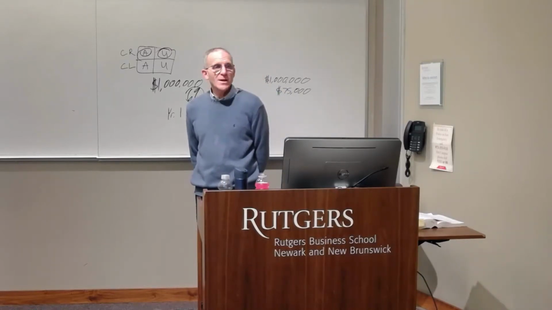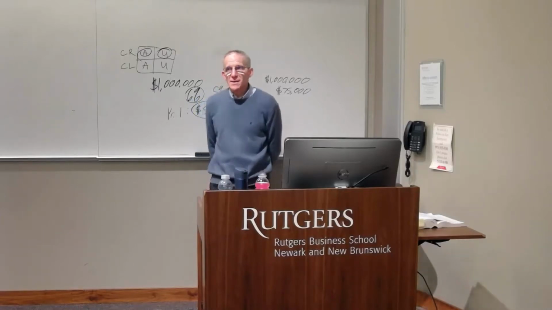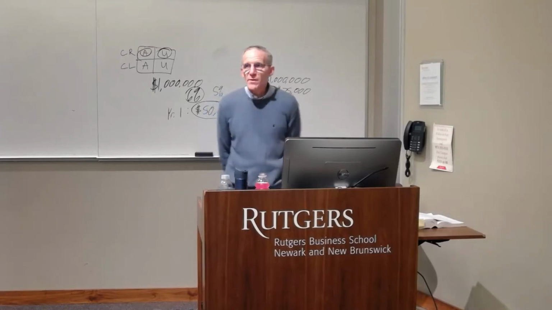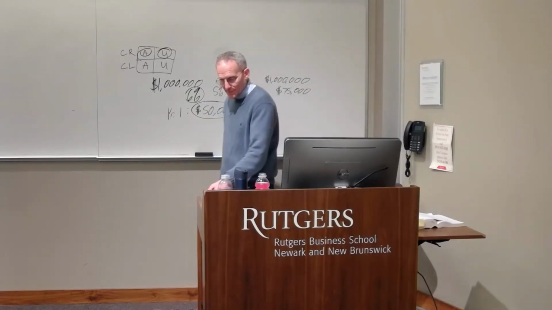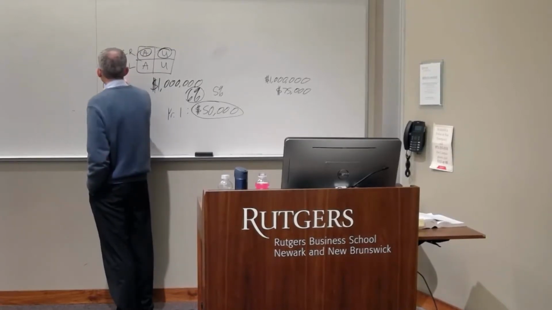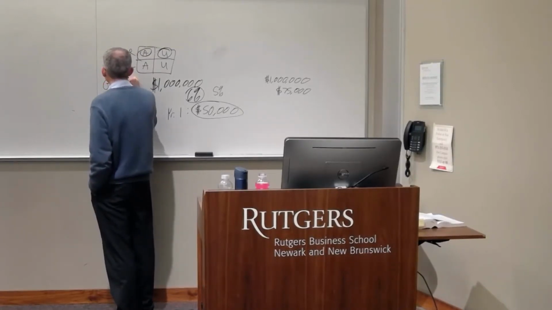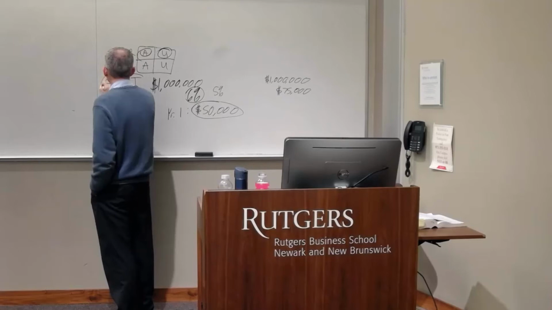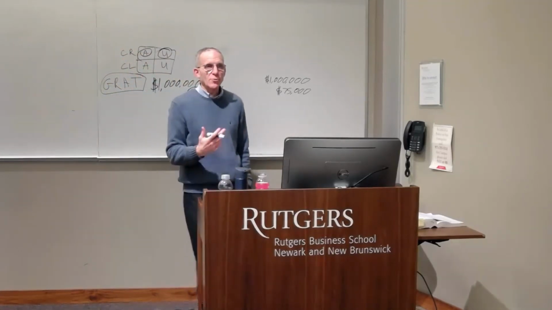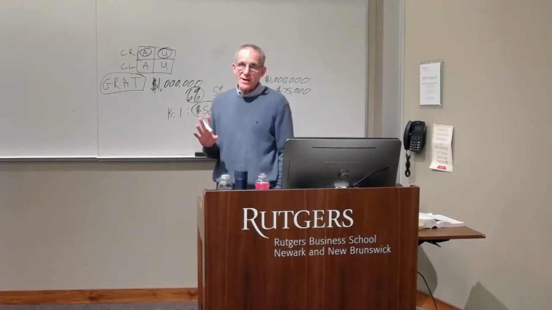Everyone recall GRATs are something that the code sanctioned in 1990. Notice there's no remainder. It doesn't have the word charity in it. It's called a GRAT, where people can set up an annuity trust and there's no charity involved.